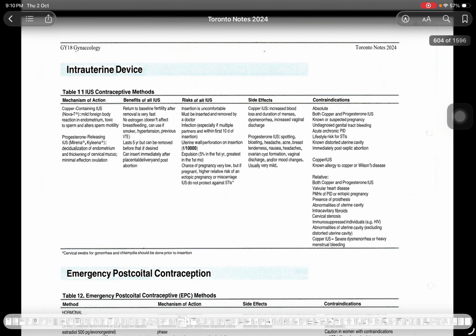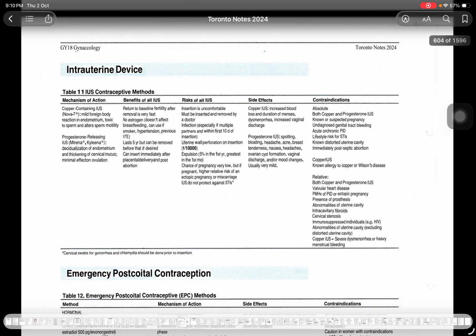Now we're talking about Mirena and Kyleena, which are the progesterone-related intrauterine systems, which thicken the cervical mucus and have minimal effect on ovulation, and cause decidualization of the endometrium. These last for 5 years and can be removed before that if desired, and can be inserted immediately after placental delivery and post-abortion.